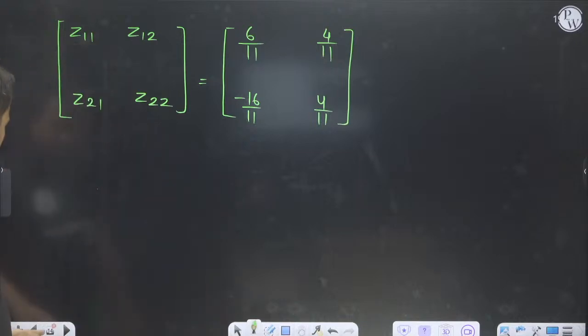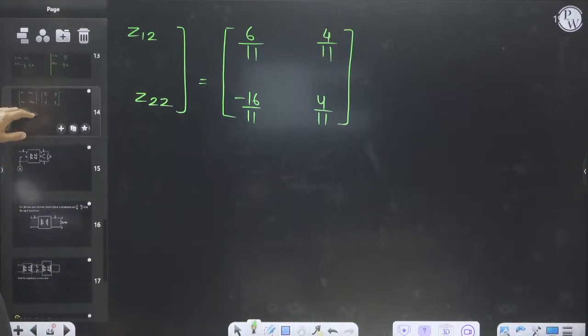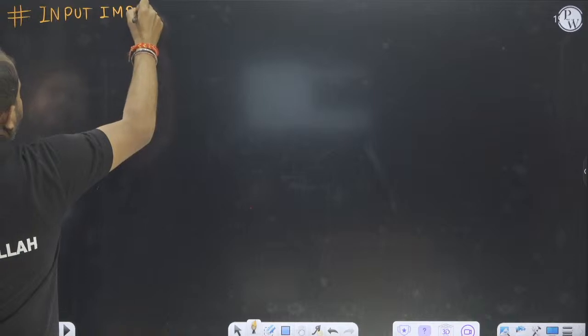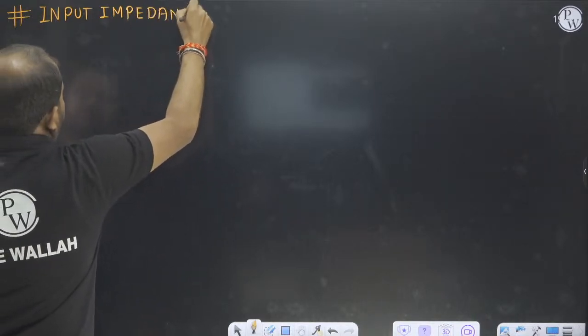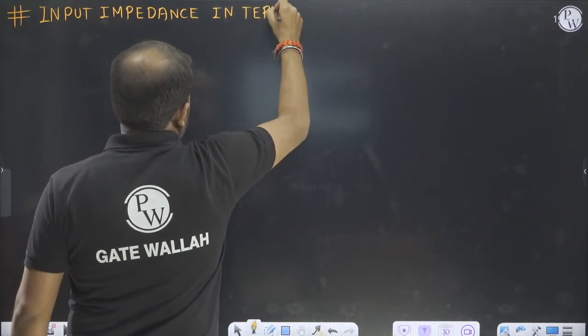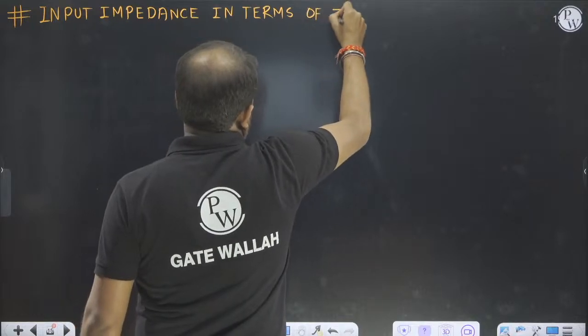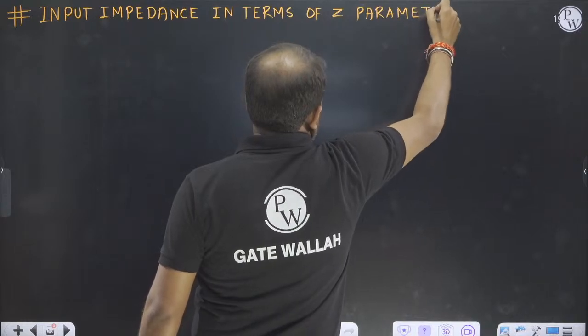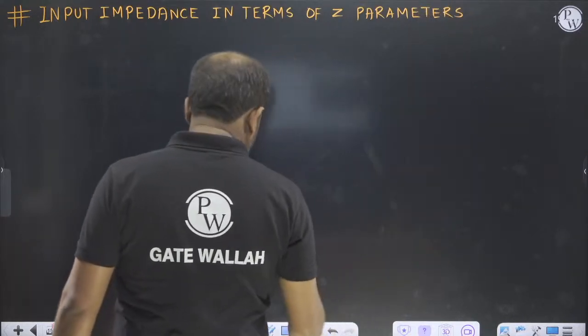Next thing is we are going to study input impedance type questions. So how to find input impedance in terms of Z parameters?